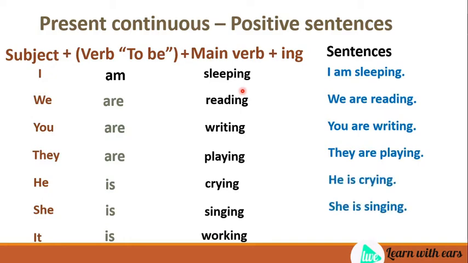She is singing. And it is working. Right? For making positive sentences, we need subject, verb to be, main verb with ing. Remember, with plural subjects, we use are, and with singular subjects, we use is.